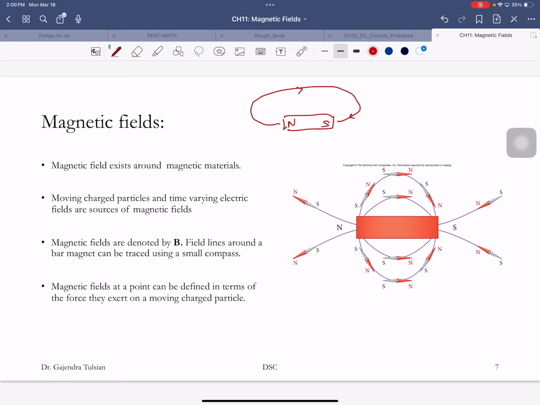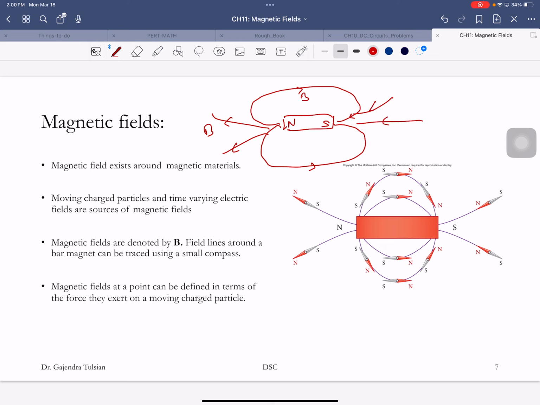So this is how the field lines look. Magnetic field lines start on the north pole and they end at the south pole. And field lines do not cross each other. Do these lines look familiar?